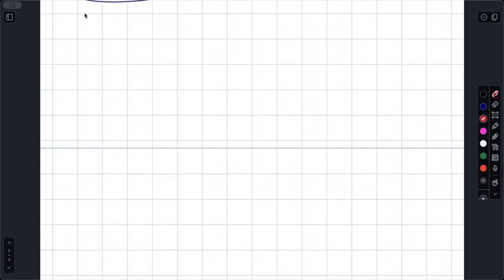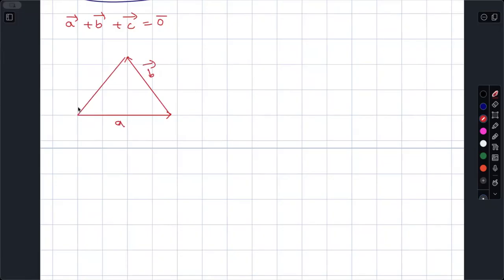Now, if A bar is a vector, B bar is a vector, C bar is a vector such that their sum is zero resultant, then how will I represent A, B, C bar? I will represent them as three closed sides of a triangle, A bar, B bar, C bar.